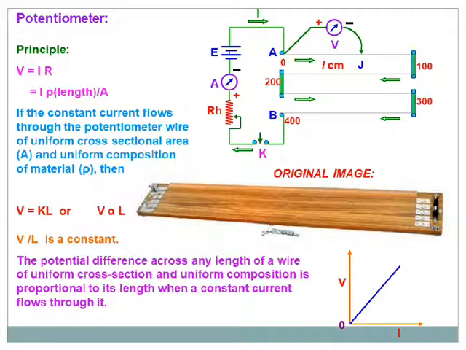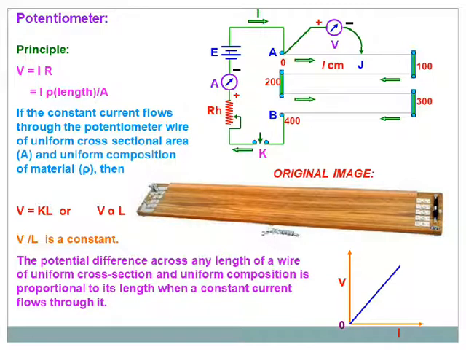If I am touching the jockey at point 300, then it will show again the next, which is maybe 16, maybe 17 volt. So in this way, as I am increasing the length of the potentiometer wire, the voltage across it, or potential difference across both points, goes on increasing. So this is nothing but the principle of potentiometer.